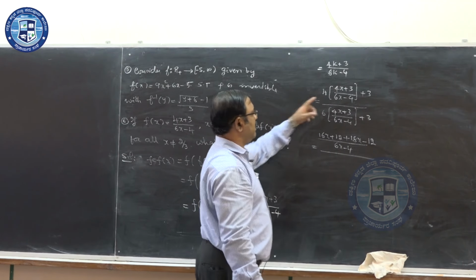Why? f composite f is equal to I. So f is invertible. That implies f inverse x is equal to f of x, which is 4x plus 3 divided by 6x minus 4.